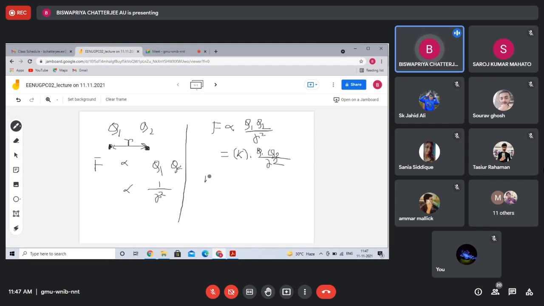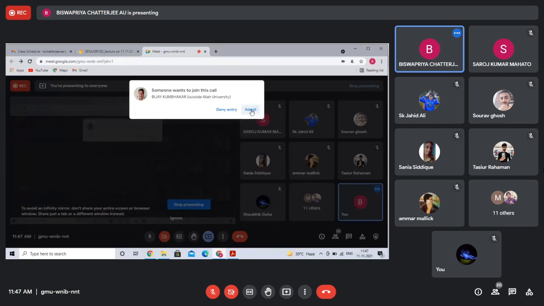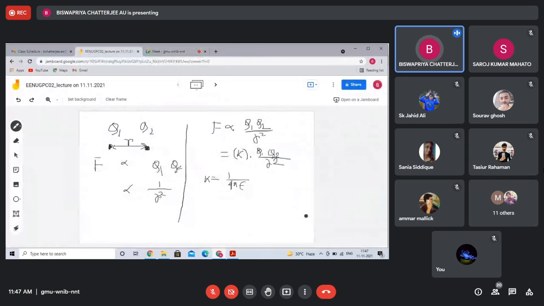So what is the value of this k? It is given by 1 by 4 pi epsilon naught.